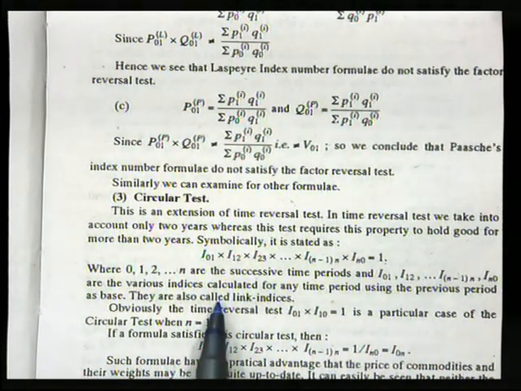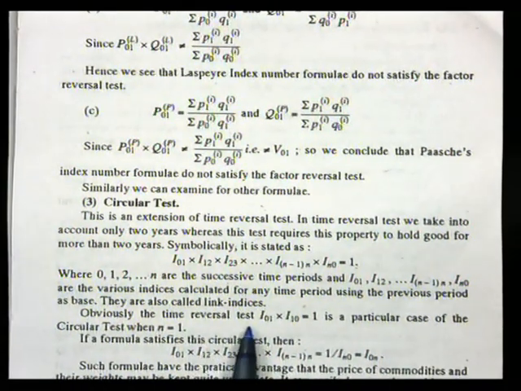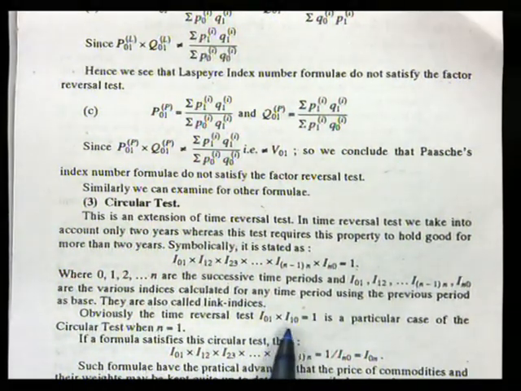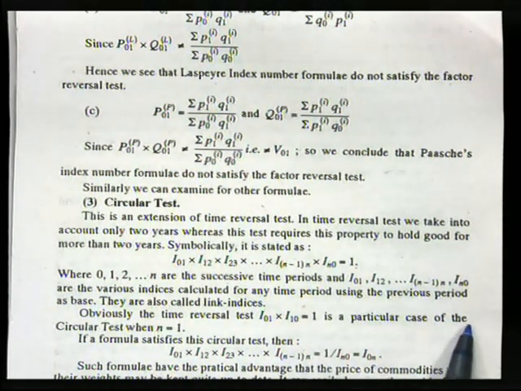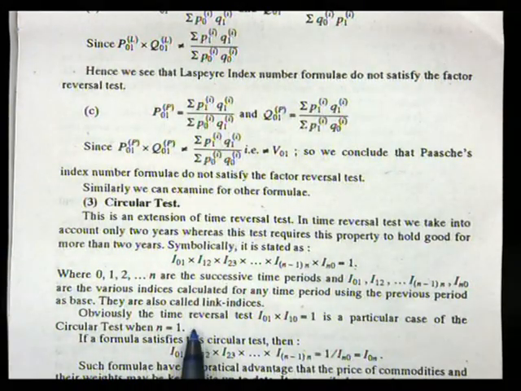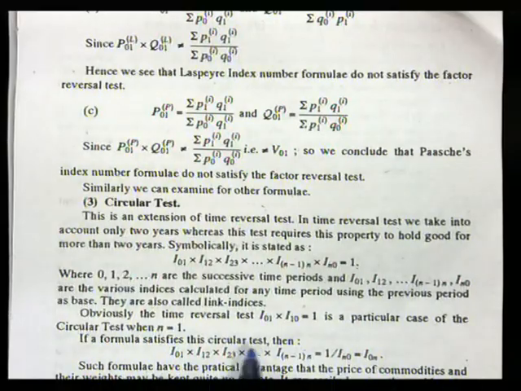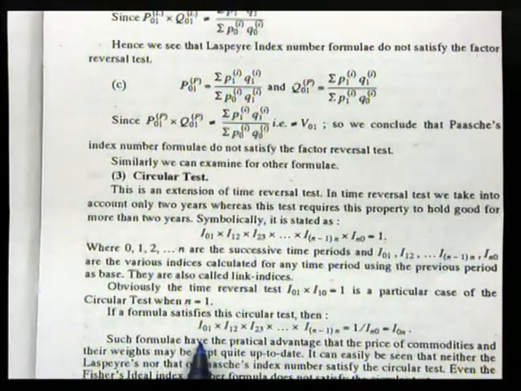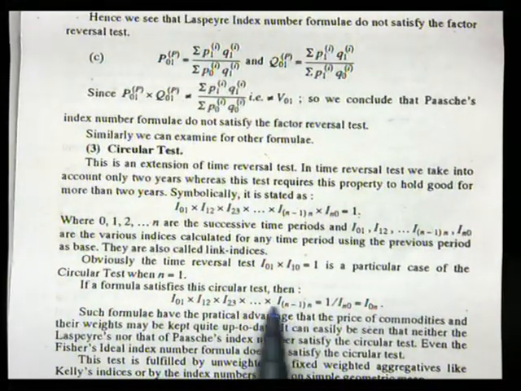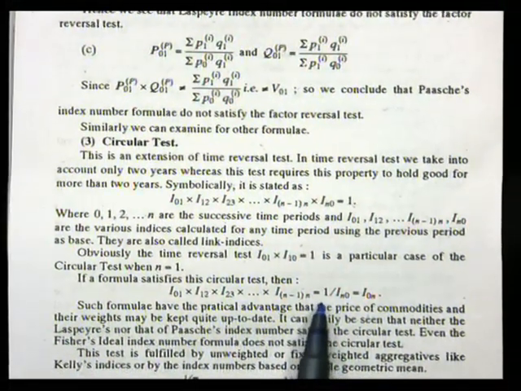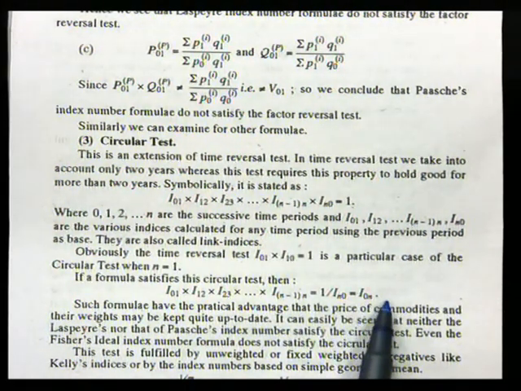They are also called linked indices. Obviously, the time reversal test I01 into I10 equal to 1 is a particular case of the circular test when n equal to 1. If a formula satisfies this circular test, then I01 into I12 into I23 and so on into In-1n equal to 1 upon In0, that is equal to I0n.